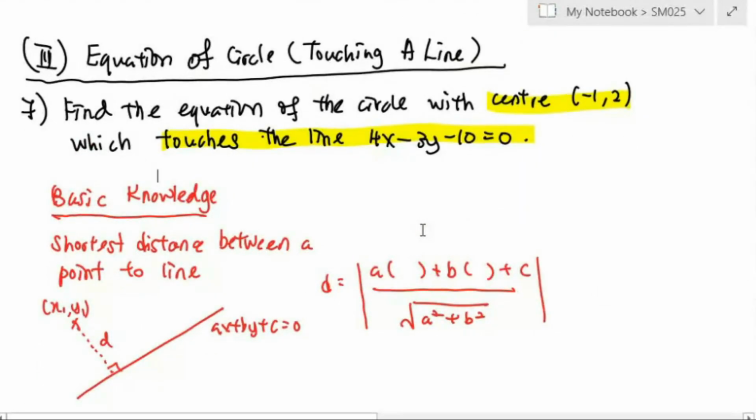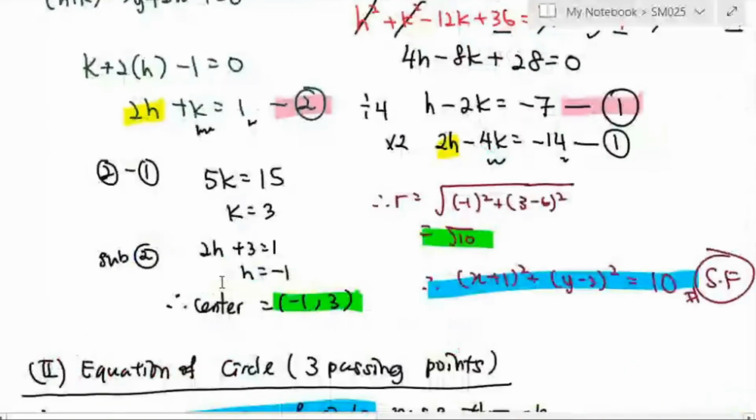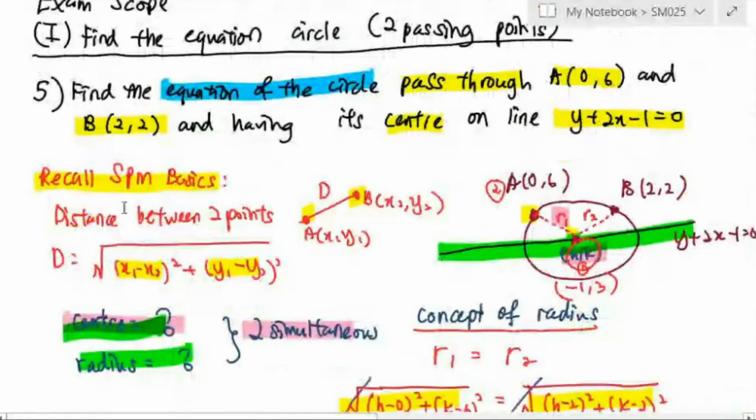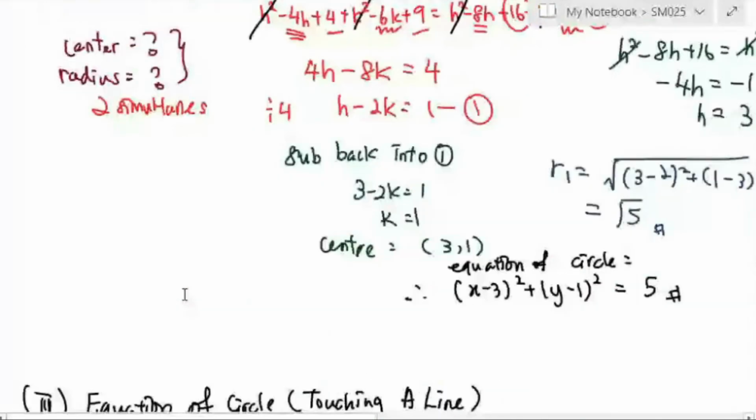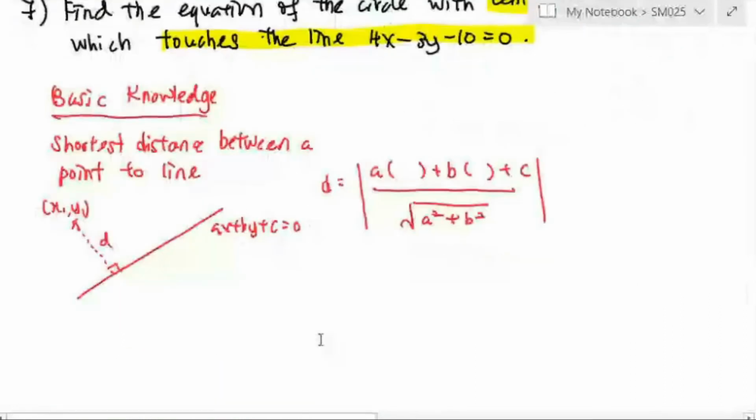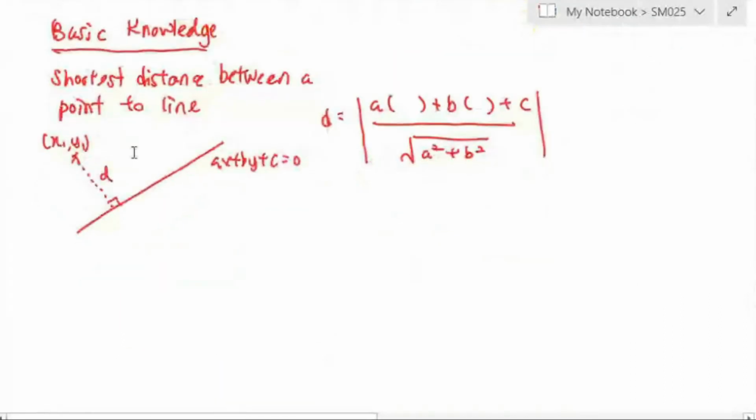Basic knowledge, there will be the distance between a point to a line. Previously in SPM, you just learned the distance between 2 points, from point to point, and you can find the distance by using the formula x1 minus x2, y1 minus y2. So now you have to add on another piece of knowledge, which is the distance between a point to a line.